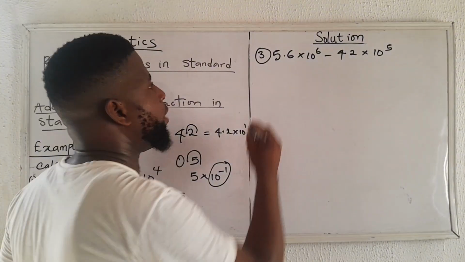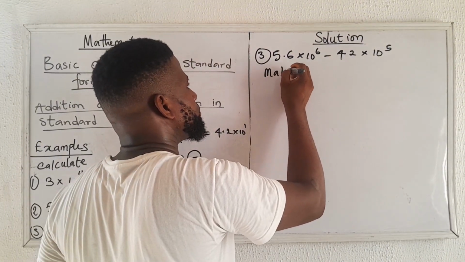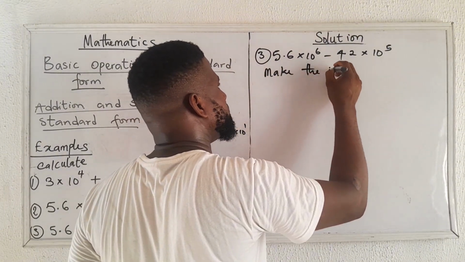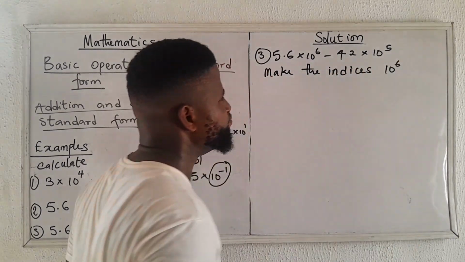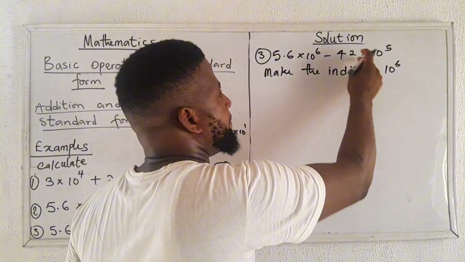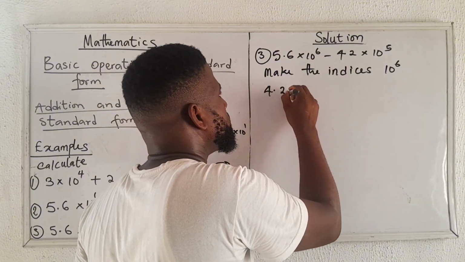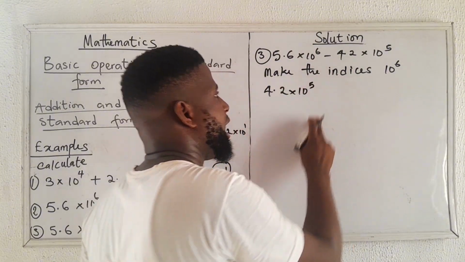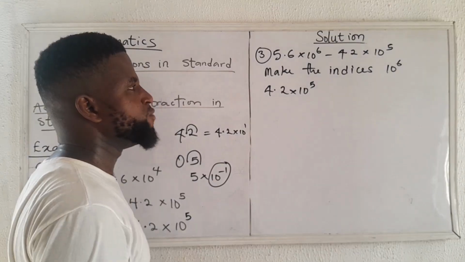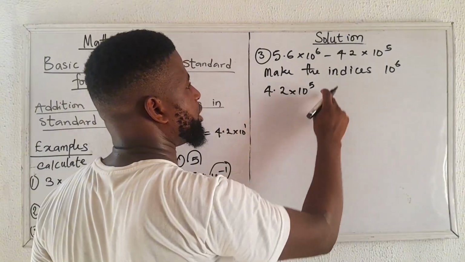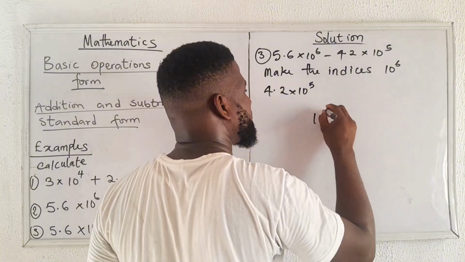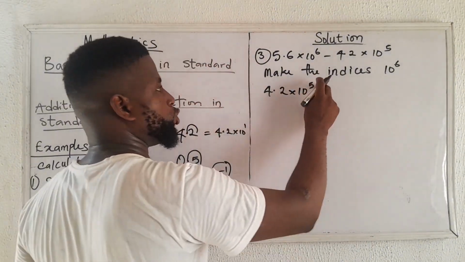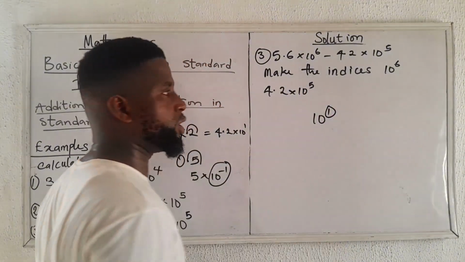Now, make the two indices 10 raised to the power 6. Which means I'm making 4.2 times 10 raised to the power 5, I'm raising it to 10 raised to the power 6. And to raise 4.2 times 10 raised to the power 5 to 10 raised to the power 6, right, I will need to add a 10 raised to the power 1, right, to make it 6, which is positive.